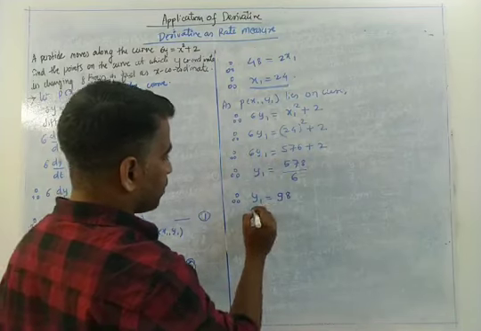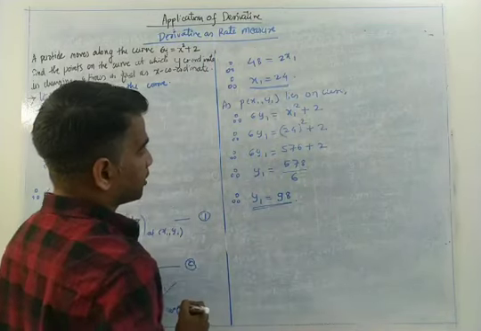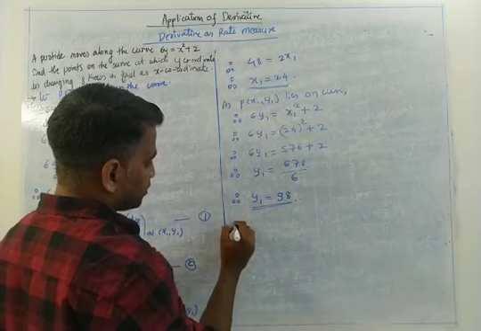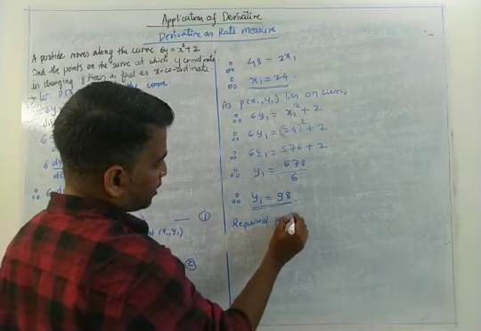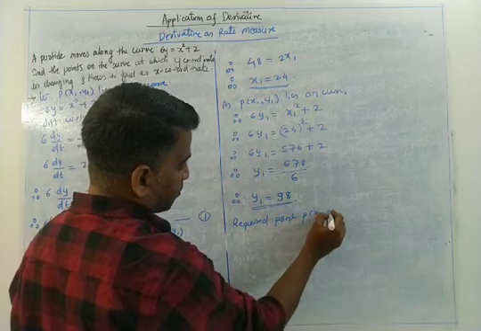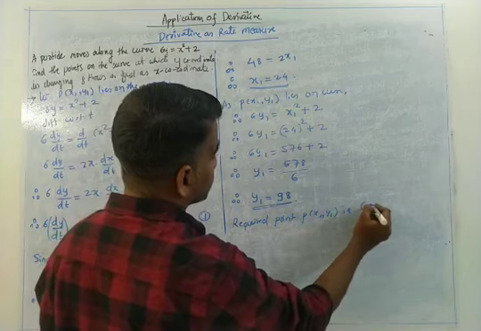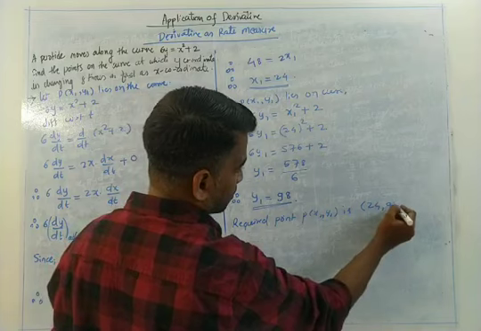Okay, so the value of y1 is 96 and a fraction, so the required point P(x1, y1) is (24, 98).